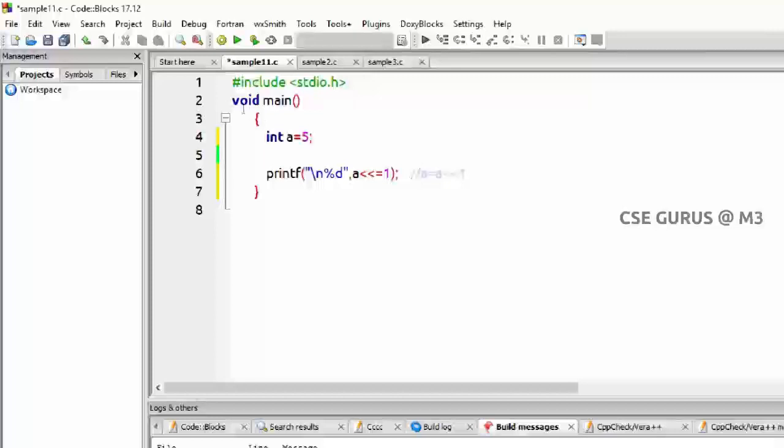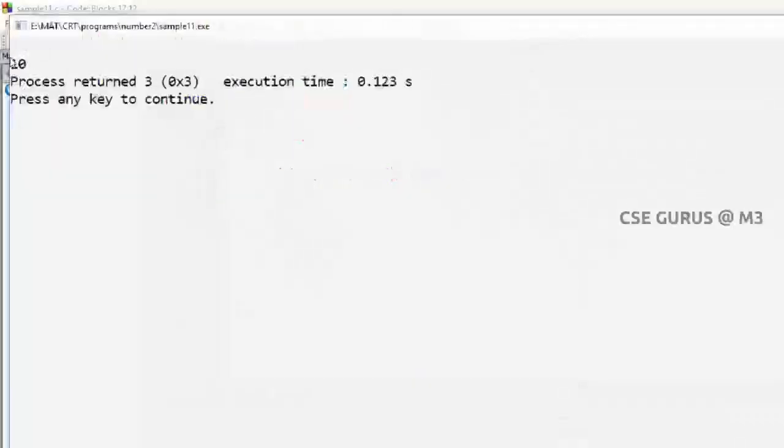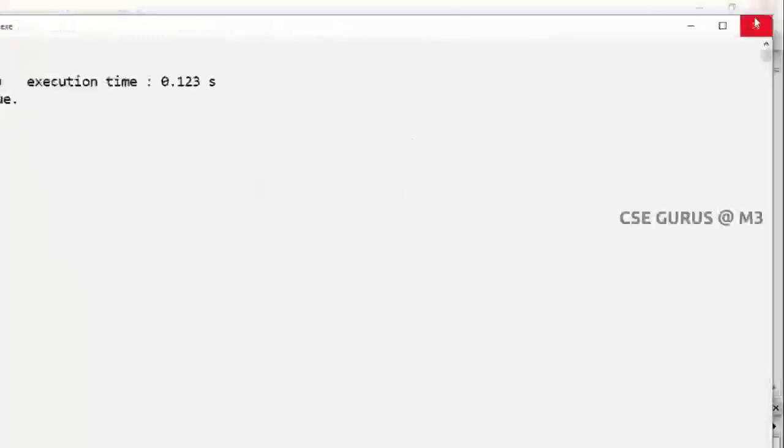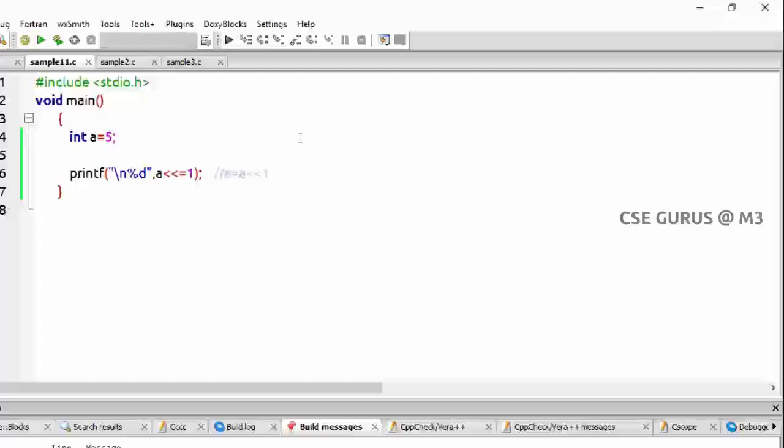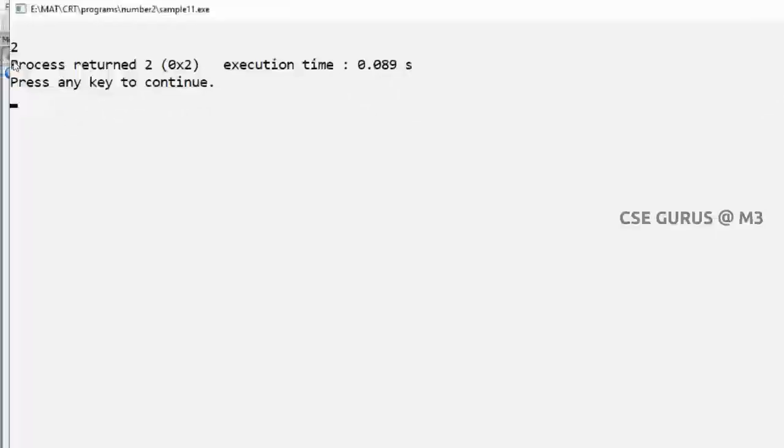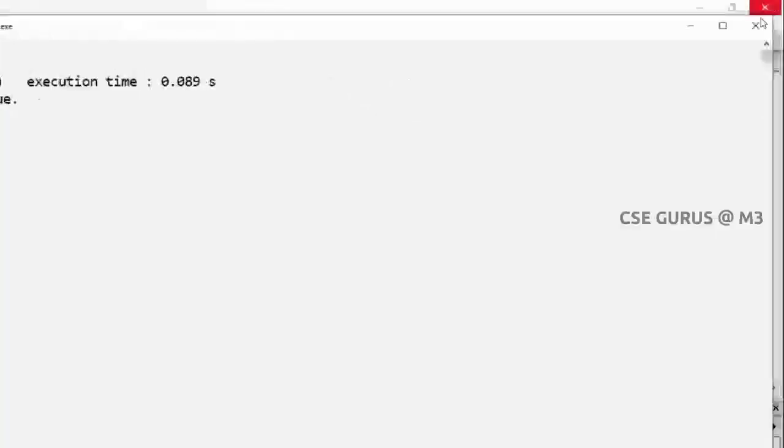If I left shift the value 5, we know the answer is 5 into 2 power 1, which is 10. So 10 is stored in a, and you can see directly you are getting the value 10. Similarly you can do it for right shift also. This is not at all an error and you are getting the value 2.